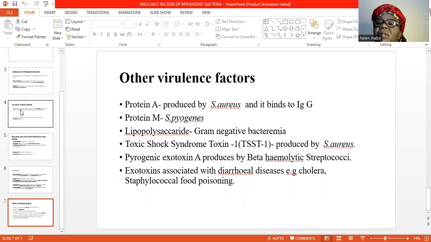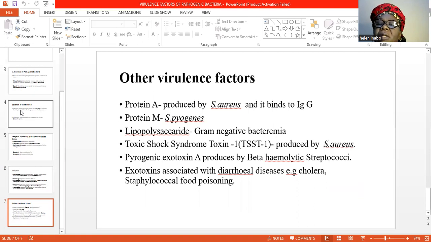We have other virulence factors such as protein A, produced by Staph aureus, which is able to bind to IgG. Protein M is produced by Streptococcus pyogenes. Lipopolysaccharide is found to be involved in the pathogenesis of gram-negative bacteremia, causing fever and also other symptoms.